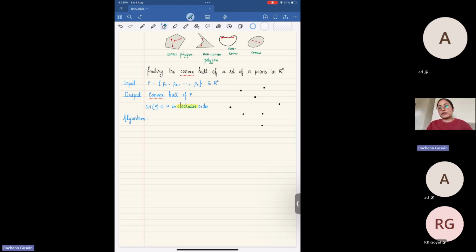Now, can you think of a simple algorithm to find the convex hull, find these points? So, for instance, if I give you this set of points and now you have the understanding of what a convex hull is, can you say which points will be there in the convex hull? Those points must be there in the convex hull.